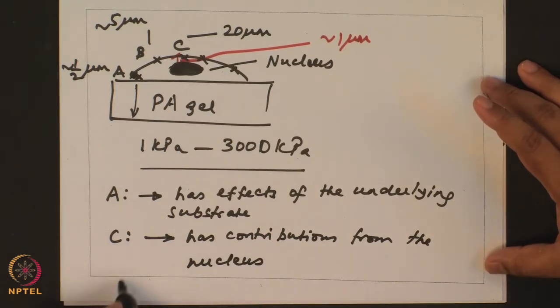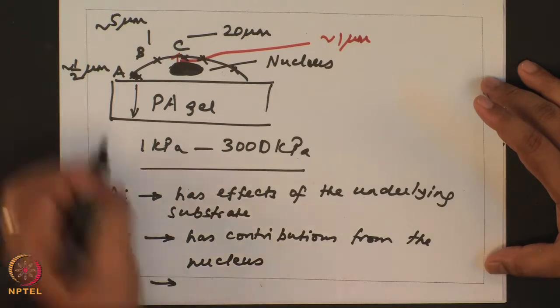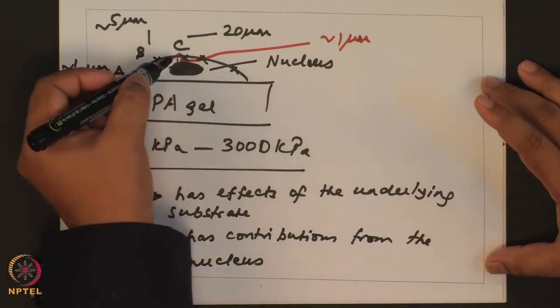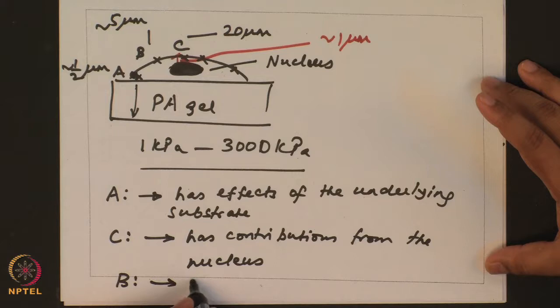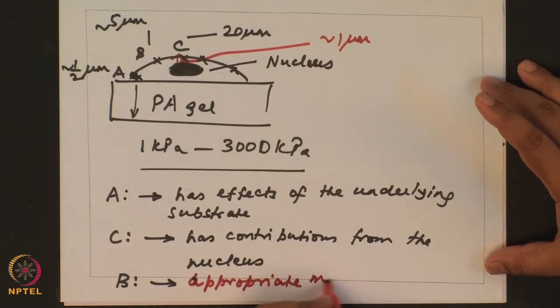Only at point B, which is far from the cell edge and far from where the nucleus is, you get an appropriate measure of cell stiffness.